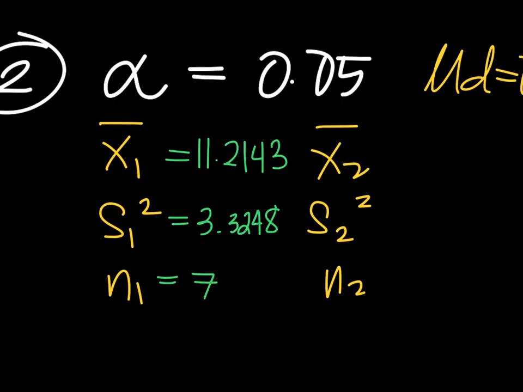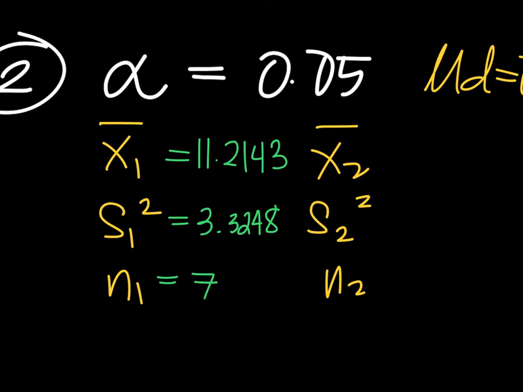For the computer-assisted program group, I calculated the sample mean to be 11.2143. I'm using 4 decimal places so that I can have 2 decimal places in the final answer. This lessens the error in the final value, because if I start with 2 decimal places and also write the final answer in 2 decimal places, there might be a big difference from the actual value.